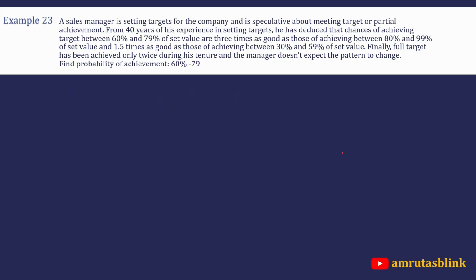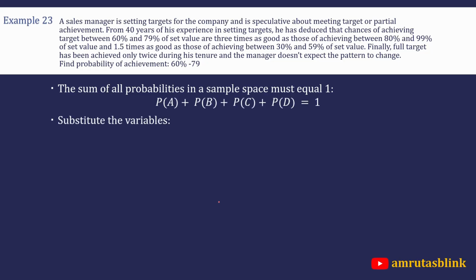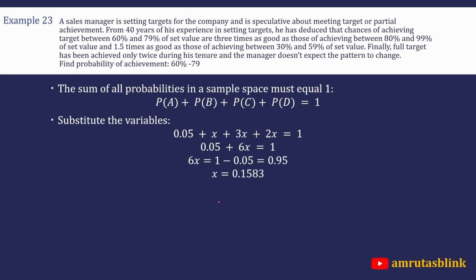So create the equation properly and put all those values, that is probability of A, probability of B, probability of C and probability of D is equal to 1. So probability of A is 0.05, then plus x plus 3x plus 2x is equal to 1. Now let's solve this equation for x, that is 0.05 plus 6x is equal to 1. So 6x is equal to 1 minus 0.05, which is equal to 0.95, and hence x is equal to 0.95 divided by 6, that is 0.1583.